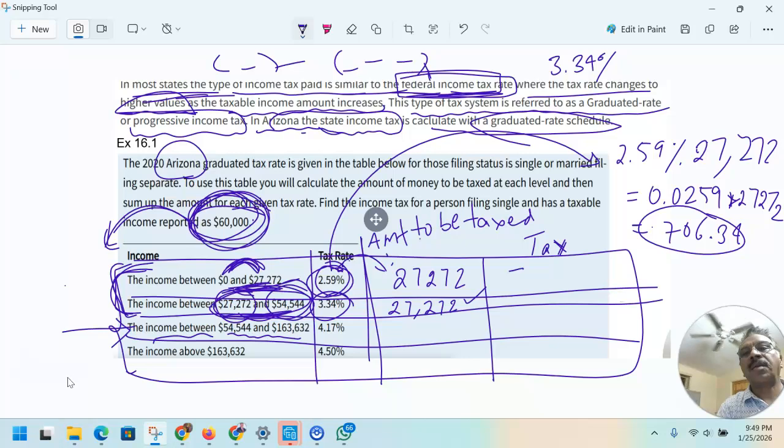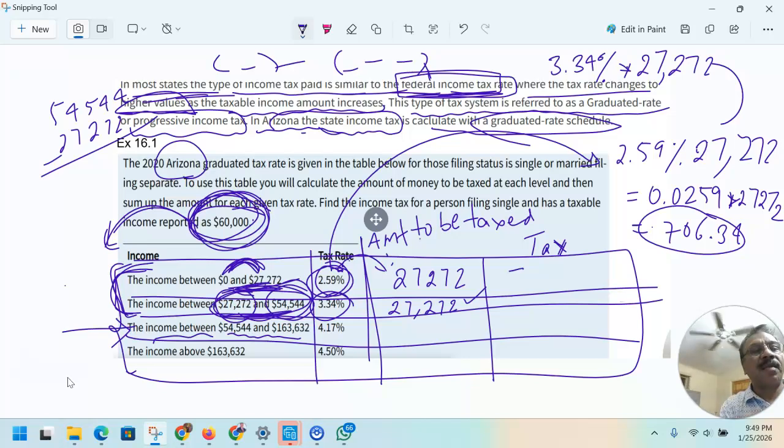You may be wondering why we got the same amount.